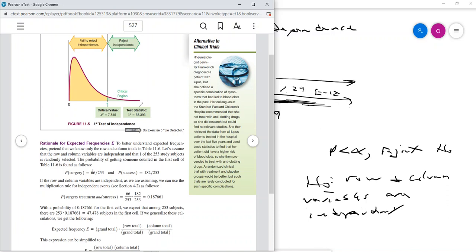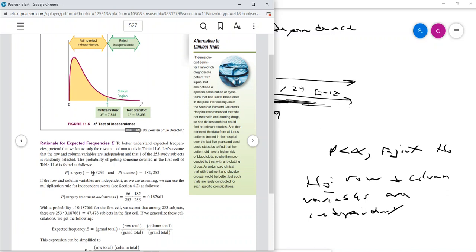Okay, so we're going to randomly select one of those people that had something done to fix their broken foot, right? So the probability of someone getting counted in the first cell, right? Remember, there were 253 people, right? We randomly select one.